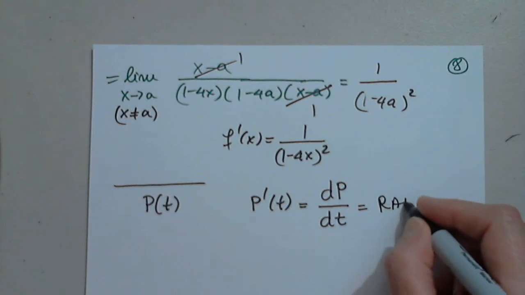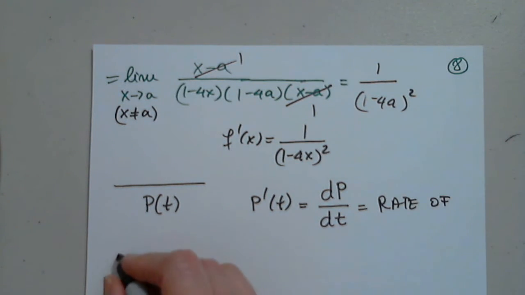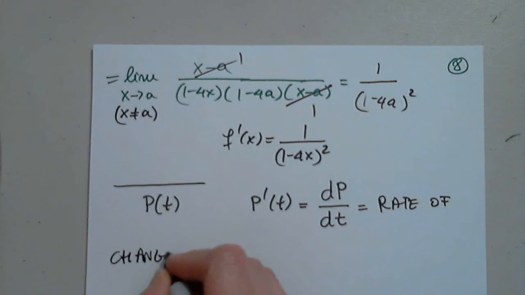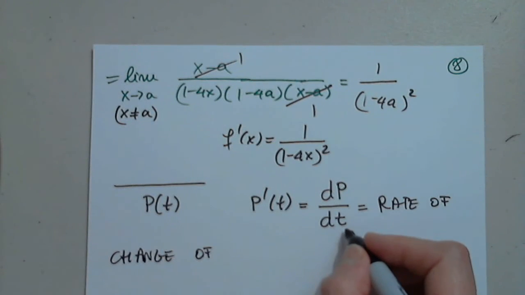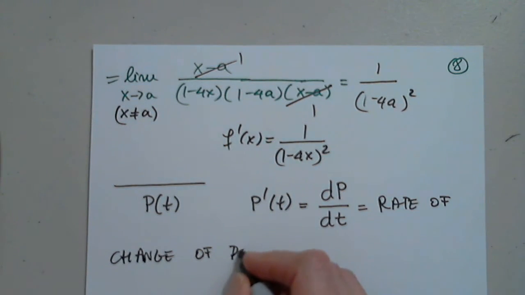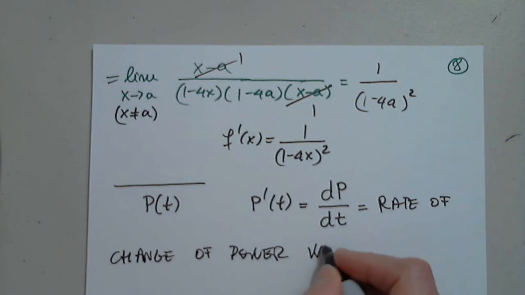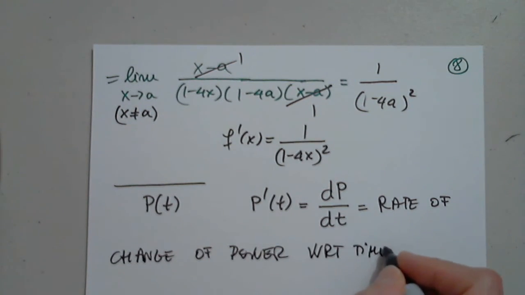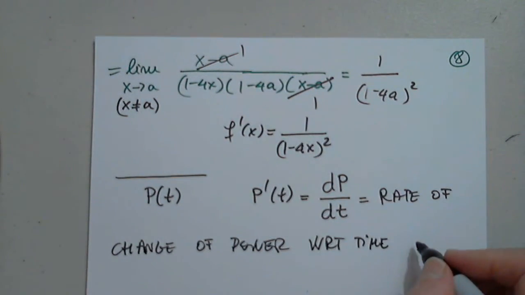It's still the rate of change of power with respect to time. What will be the measurement unit? A double measurement unit. So let's look and see in this problem.